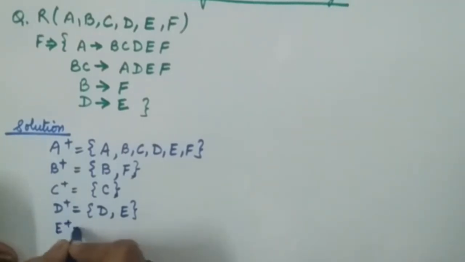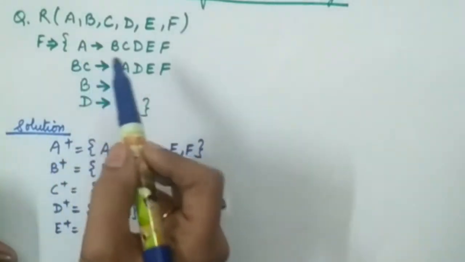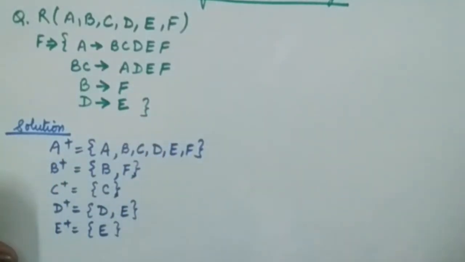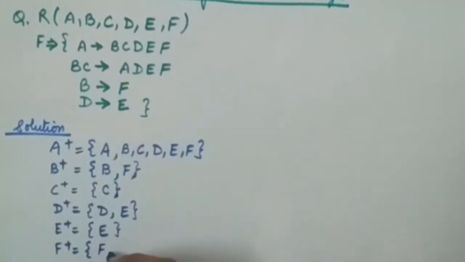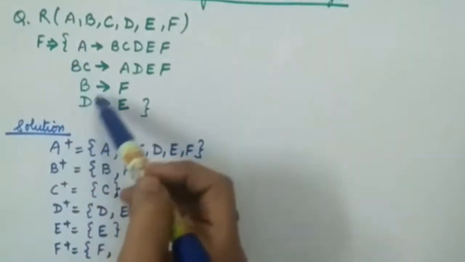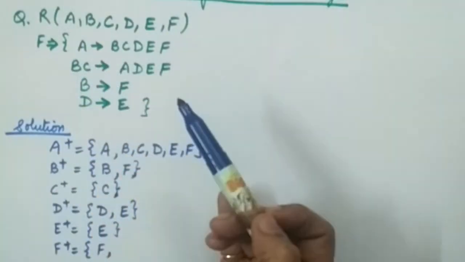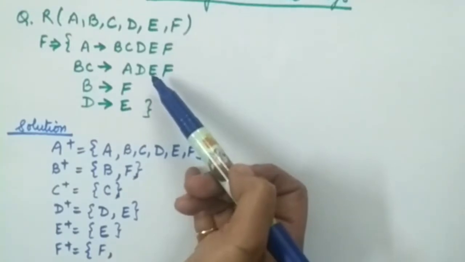Next, the closure of E. From E, I can go to E itself, but not to any other attribute. So this also ends here. Next, closure of F. From F, I cannot reach any other attribute.